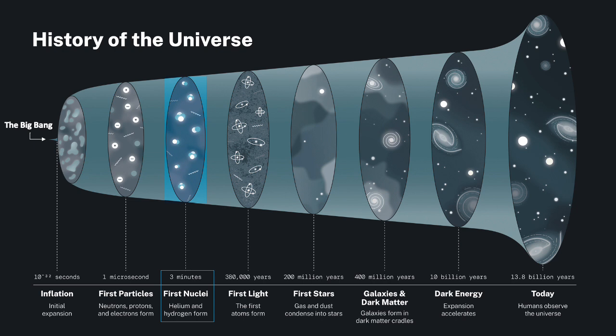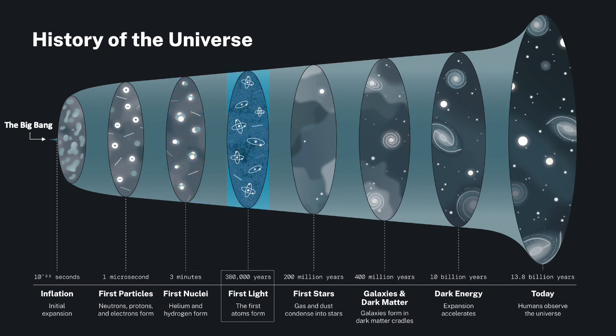After about 20 minutes since the Big Bang, nucleosynthesis ends and no further nuclei form. This is because electrons couldn't really stay in orbit around the atomic nuclei due to the immense heat and radiation that still flooded the universe at this time.